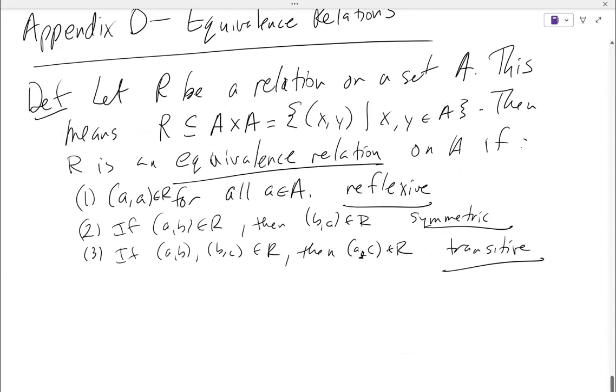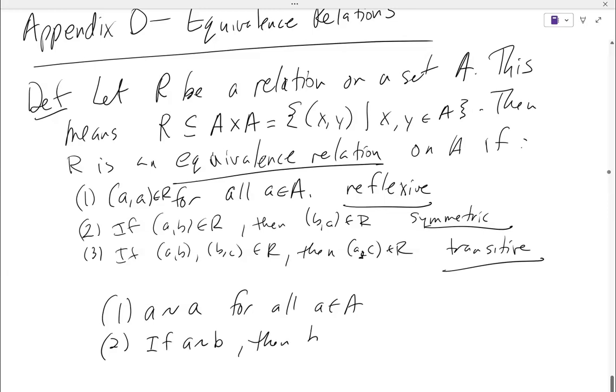For this one, if I just rewrite that in that notation, your 1 becomes A is related to A for all A in A. The second one becomes if A is related to B, then B is related to A. And the third one becomes if A is related to B and B is related to C, then A is related to C. And that's a little less gross, at least I think it's a little less gross for the notation.